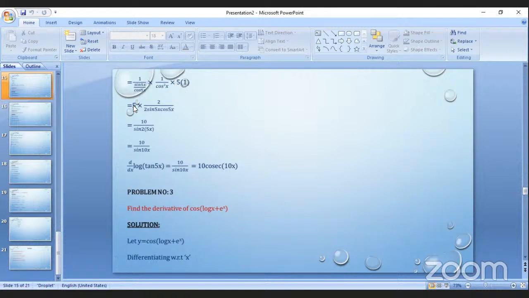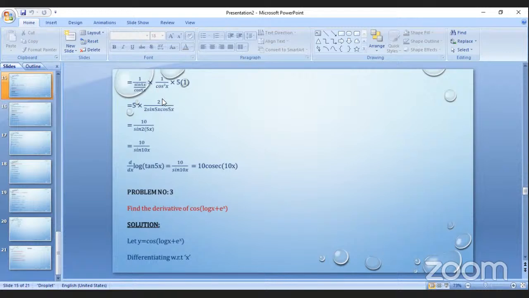That equals 5 into cos 5x by sin 5x cos square 5x. One cos 5x cancels, so 5 into 1 by sin 5x into cos 5x.